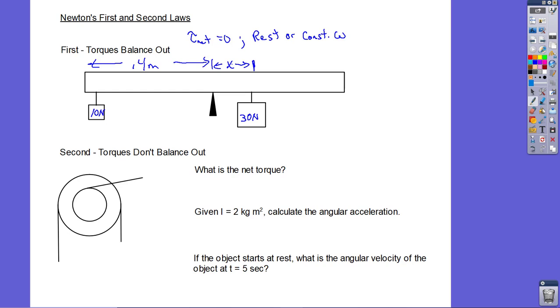Okay. So to balance that out, we know that it's going to be at rest. So we know the net torque has to equal 0. Okay, in other words, the clockwise and counterclockwise torques have to balance each other.